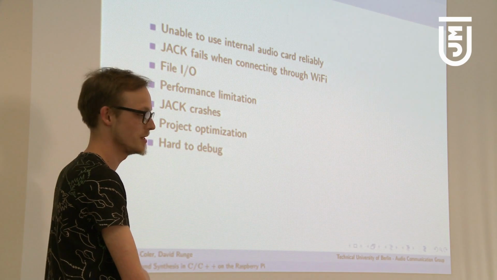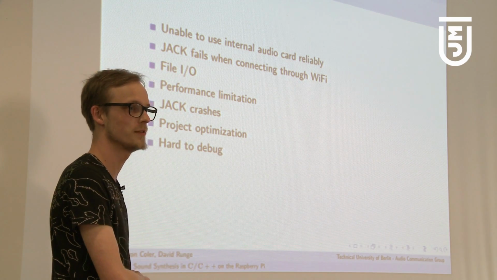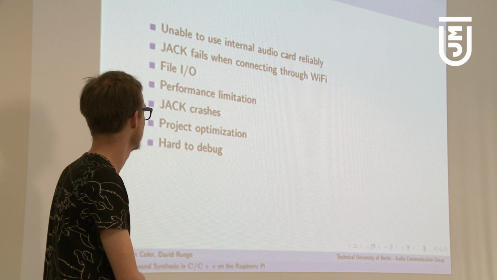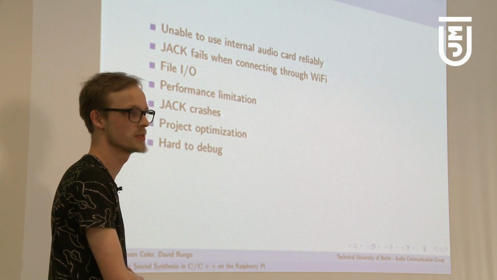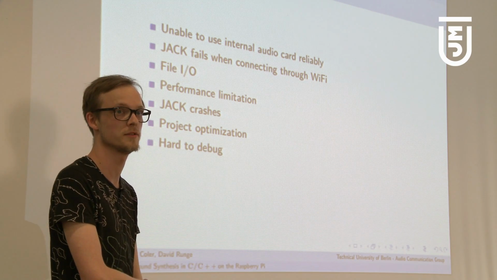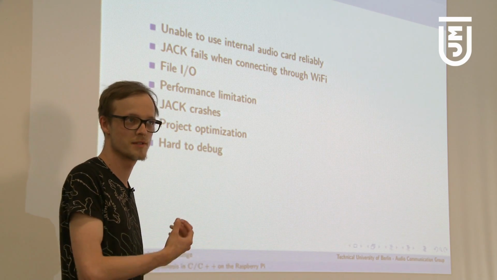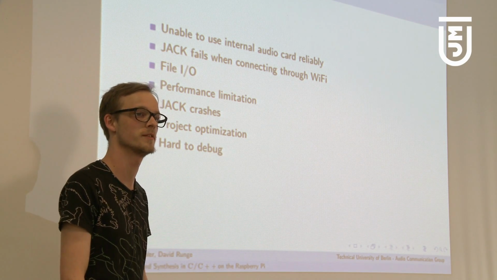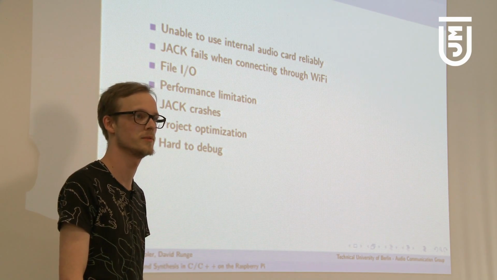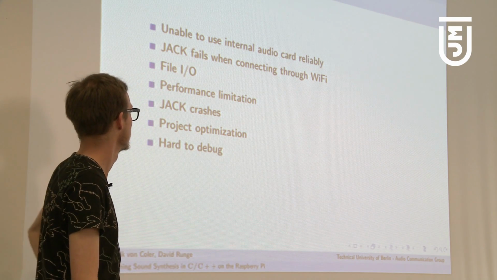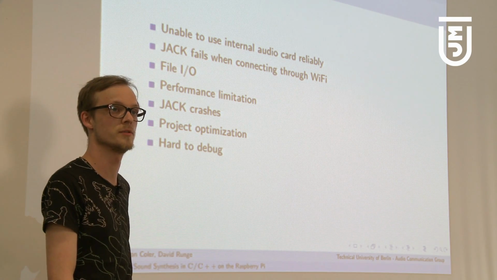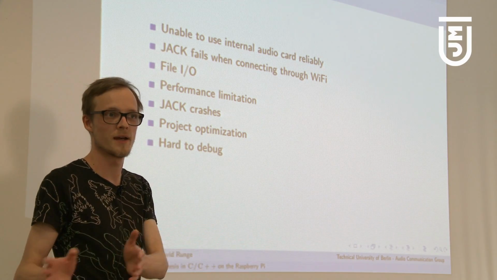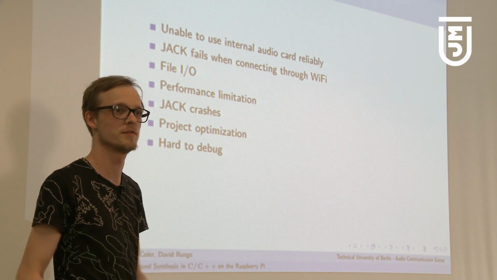There are some performance limitations that you have to be aware of if you do a project on it, and basically it always comes down to project optimization. The problem is just that some people without the background are not able to do it. So you definitely have to keep that in mind if you want to provide something like this, that you will have to do some optimization for the project, and all of them are kind of doing things differently a little bit.